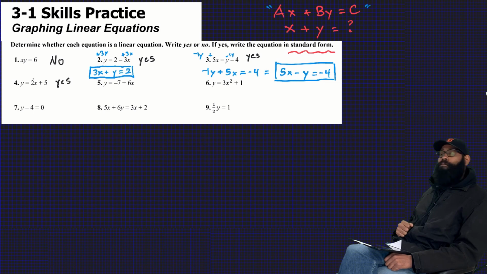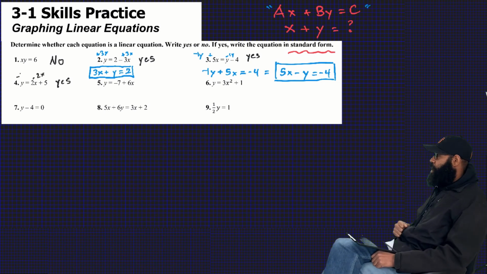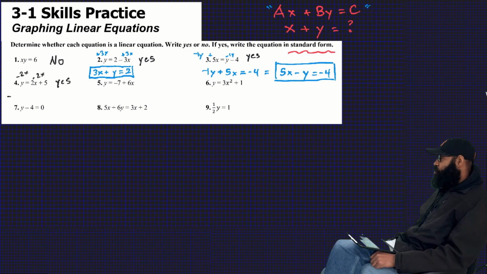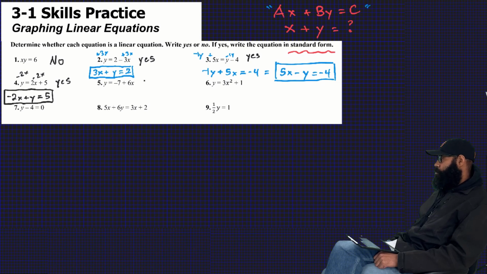Number 4, got it? Yes. And again, the x term is on the wrong side, so the opposite of a positive 2x is negative 2x. Rewriting it, negative 2x plus y is equal to 5, and boom, bang, pow. Number 5, another yes, and recognizing again, everything is not where it's supposed to be.